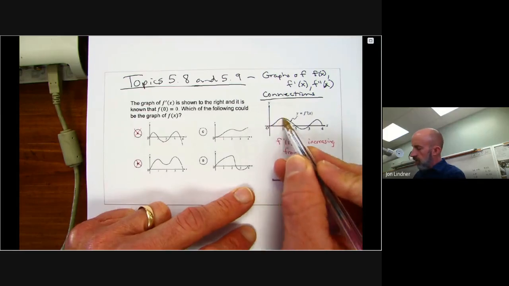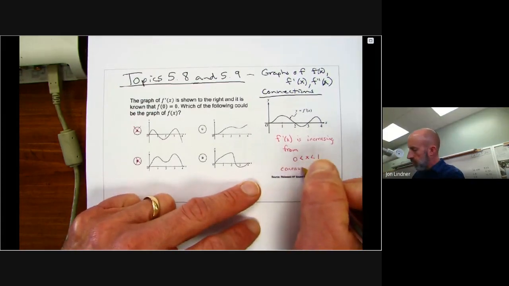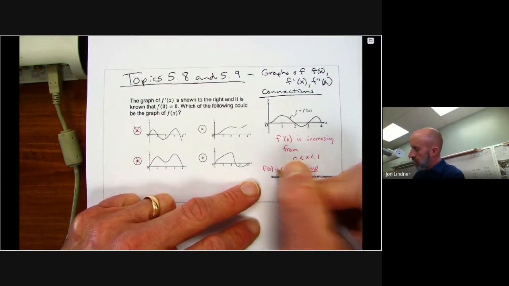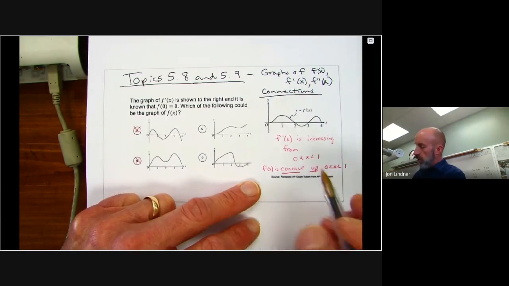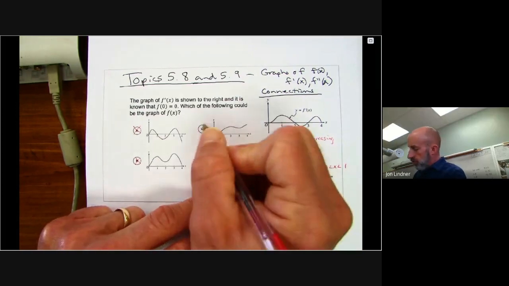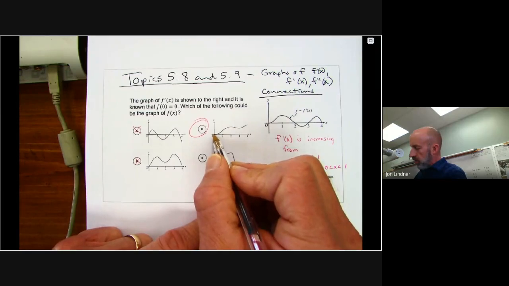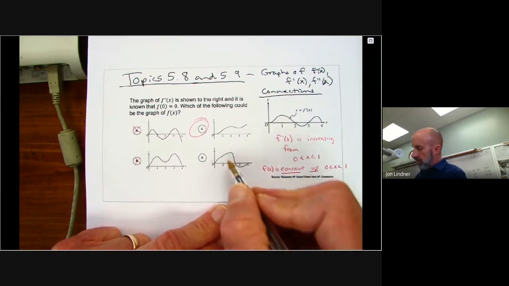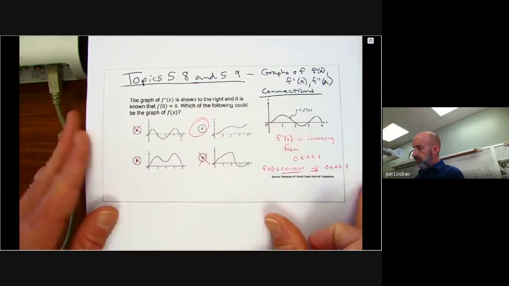Obviously, the derivative is increasing from 0 to 1, which means f of x, the original function, is concave up from 0 to 1. So that means we have to choose answer C, because looking at f of x on C, it is concave up from 0 to 1, and then it starts being concave down. If you look at D, it's concave down all the way from 0 to 2. So it can't be D either.